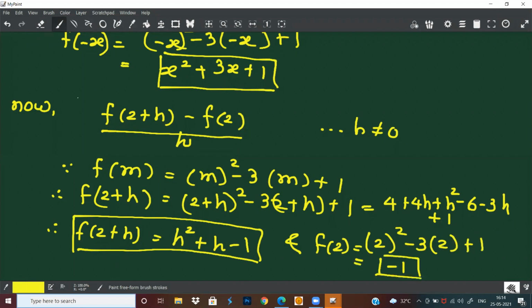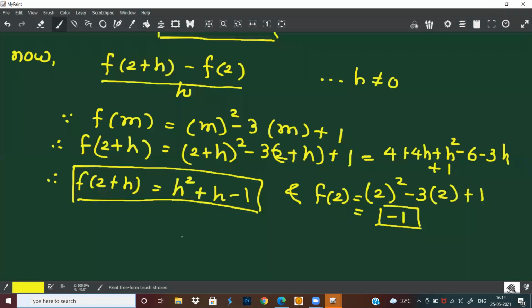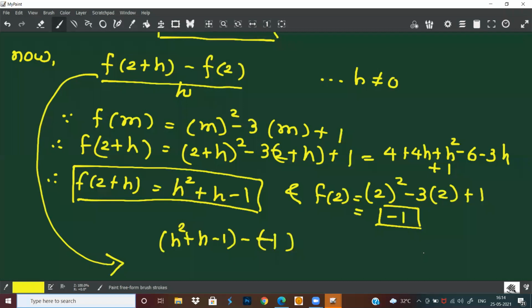So ये जो required value है, I'm not going to write again because I can do one more sum better. h square plus h minus 1 minus f of 2, which is minus 1, upon h. So ये आएगा h square plus h, minus 1 plus 1 cancel होगा, upon h. तो ऊपर आएगा h common, h plus 1 upon h.